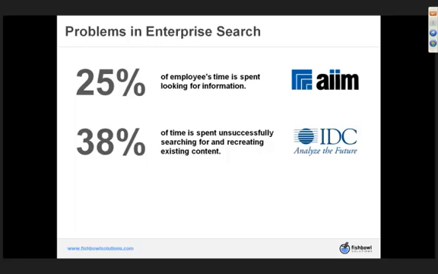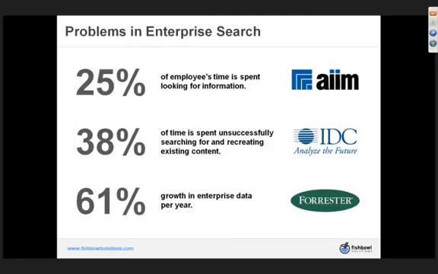So 25%, that's just the amount of time spent looking for information, looking for things, searching. And then 38% adds in the time they spend actually recreating things that already exist in the enterprise because they couldn't find them. They thought maybe it doesn't exist because I can't find it, or I know it's out somewhere, but it's better to just recreate it than to keep looking.